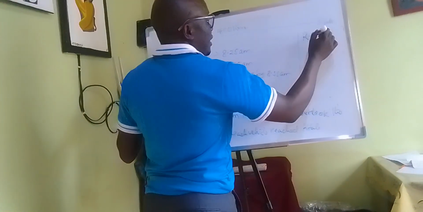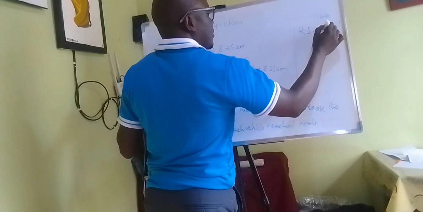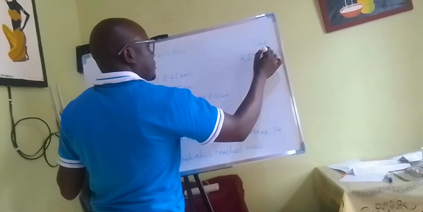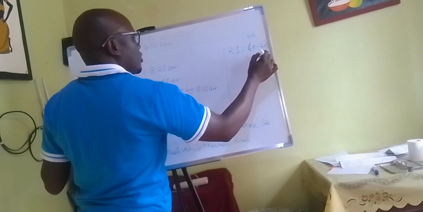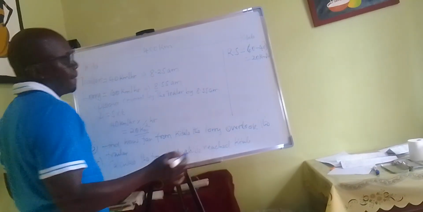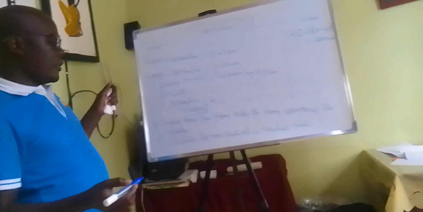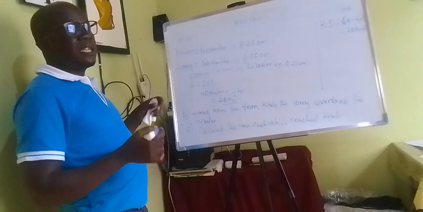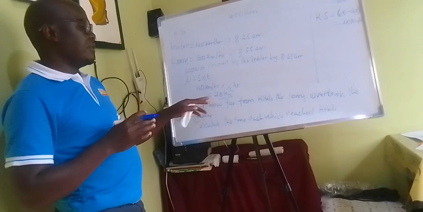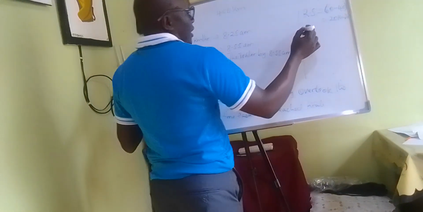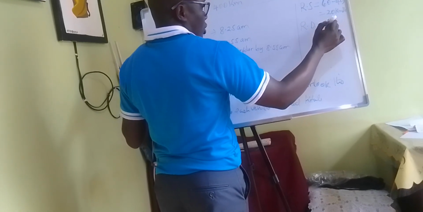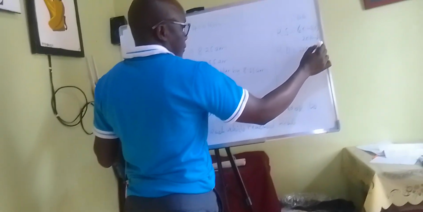So the relative speed is that of the lorry minus that of the trailer, which is 20 km/h. Again here, we are interested in the relative distance. By the time the lorry is leaving, the trailer had covered 20 km. That 20 kilometers is the relative distance between the two bodies.